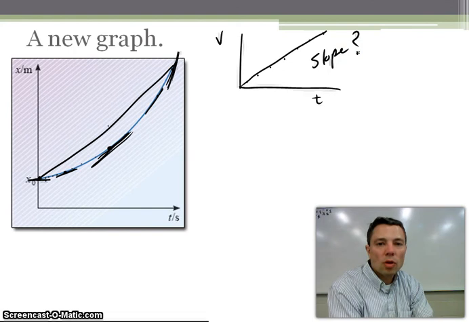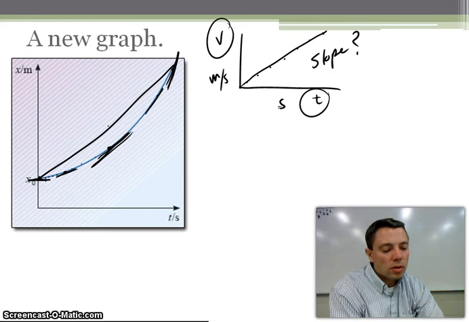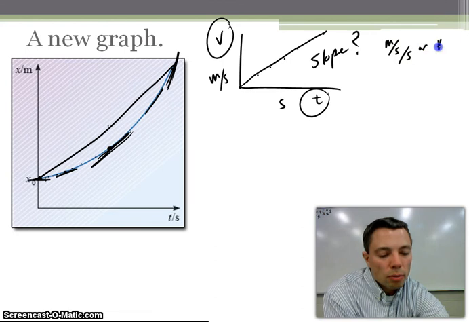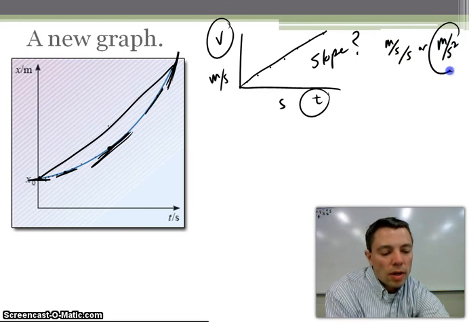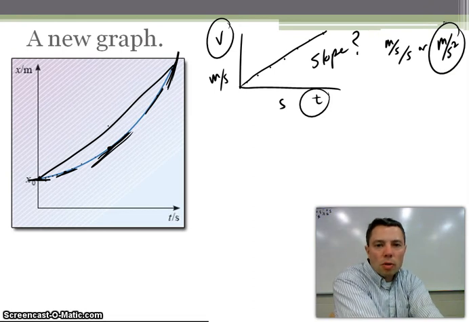And we want to know, what does this slope mean? This is the slope now of a velocity time graph, something in meters per second per seconds. So our slope units are going to be meters per second, or meters per second squared. That's the units that are associated with the slope of that line. So if that's true, then we should be able to understand what this slope really means.